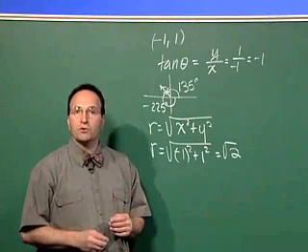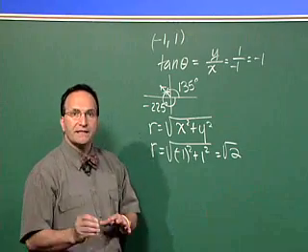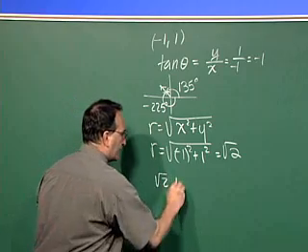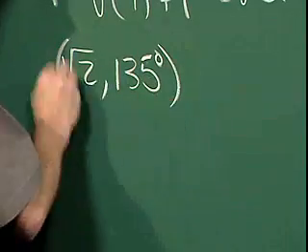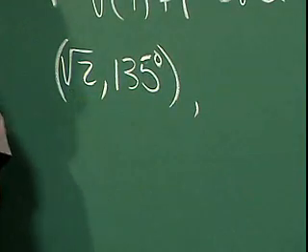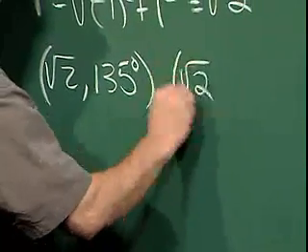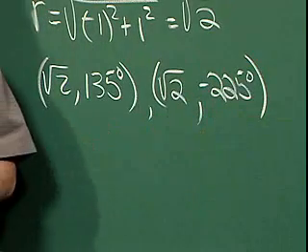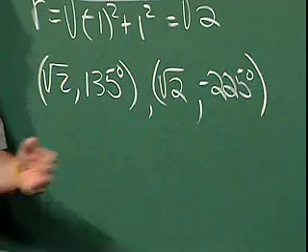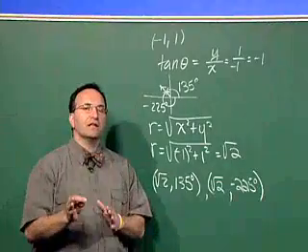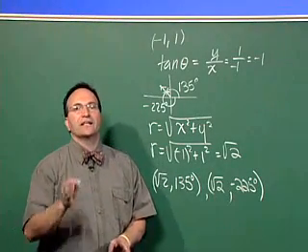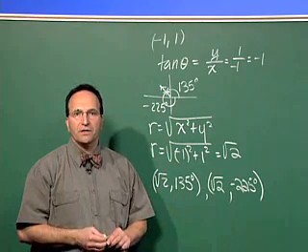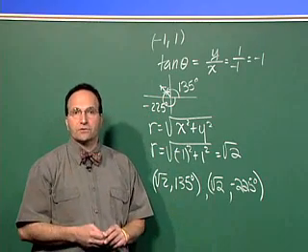So we form our 2 polar coordinate points by taking the square root of 2 along with 135 degrees, and the square root of 2 along with negative 225 degrees. So those are our two that I've chosen in this case, but realize any angle that's coterminal with 135 could be used.